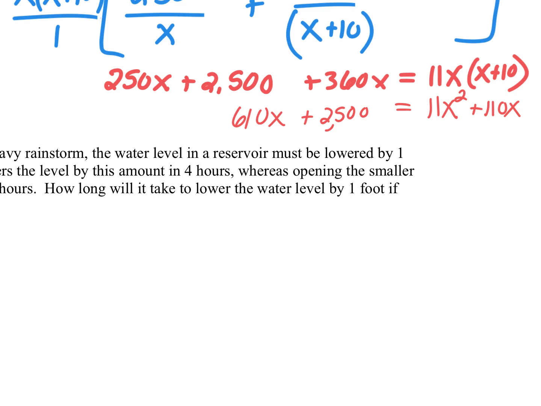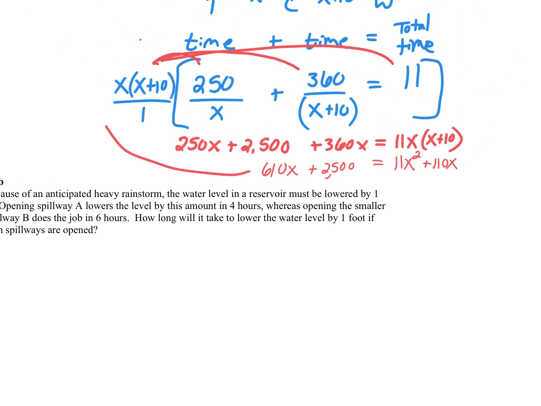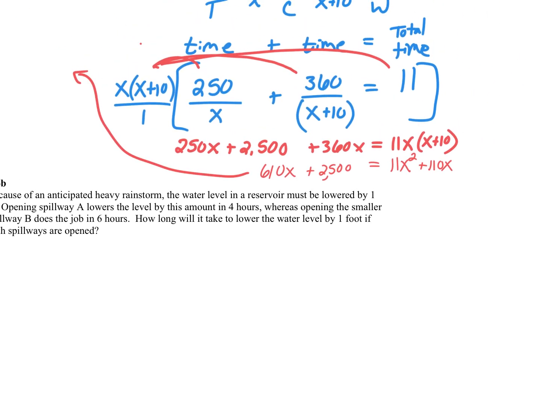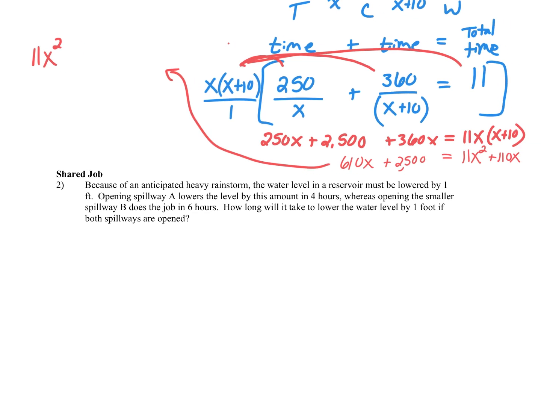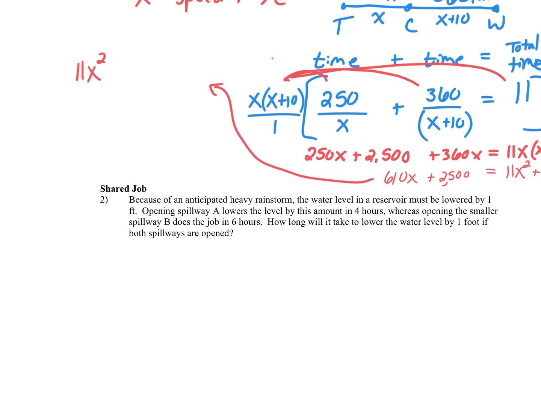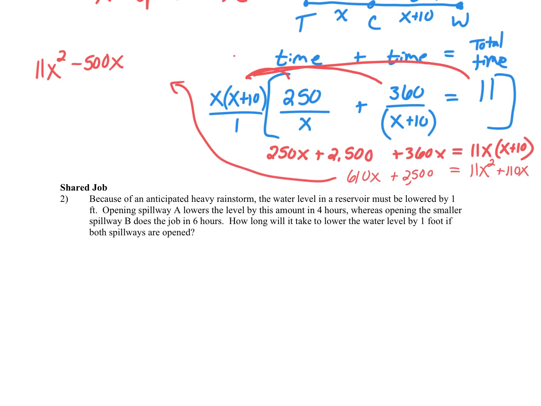So let's bring everything over to the right, and I'm out of room, so I have to move over. Can I zoom out? If we move everything over to the right, we would have 11x squared minus 500x. Wait, minus 500x, you said.